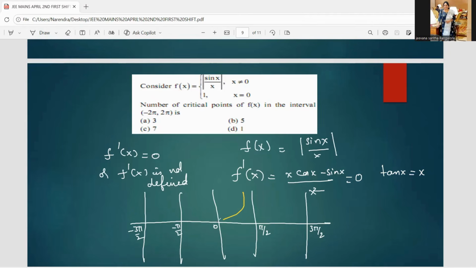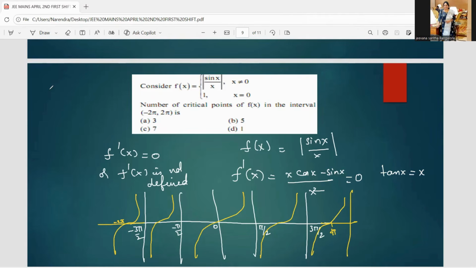So if I try to draw the graph and extend it till 2 pi, this is the graph we are going to get.